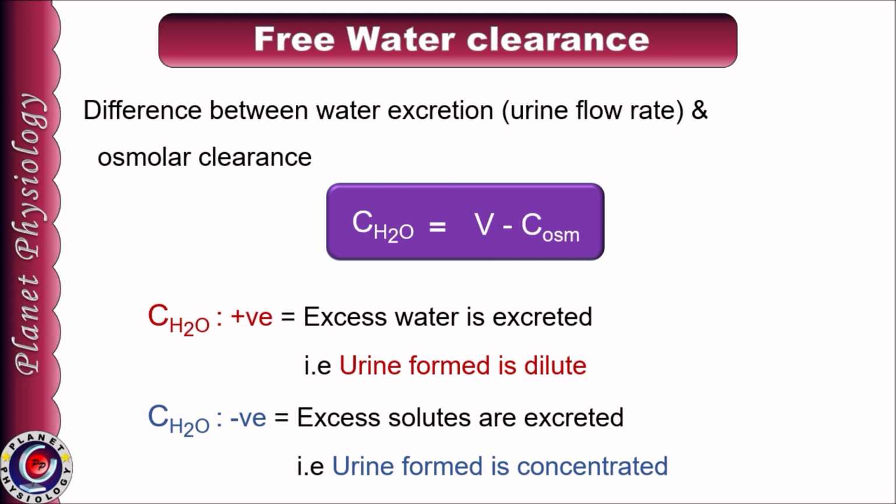If value of free water clearance is negative, it indicates excess of solutes are excreted in the urine, that means urine formed is concentrated. In simple way, you can say that if urine osmolarity is more than plasma osmolarity, concentrated urine is formed, and if urine osmolarity is less than plasma osmolarity, dilute urine is formed.